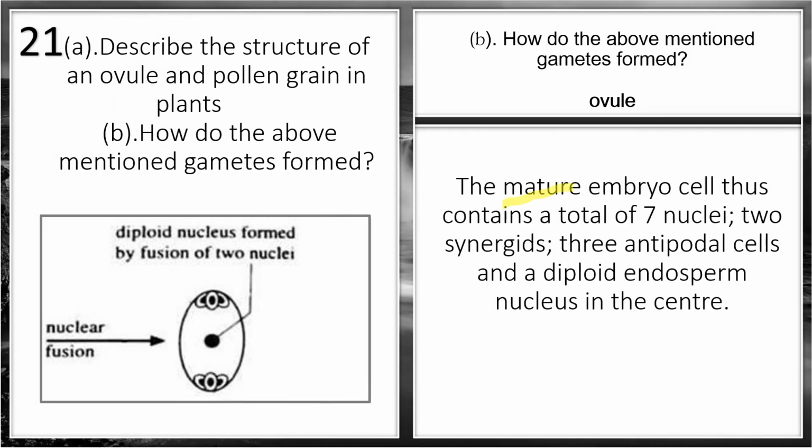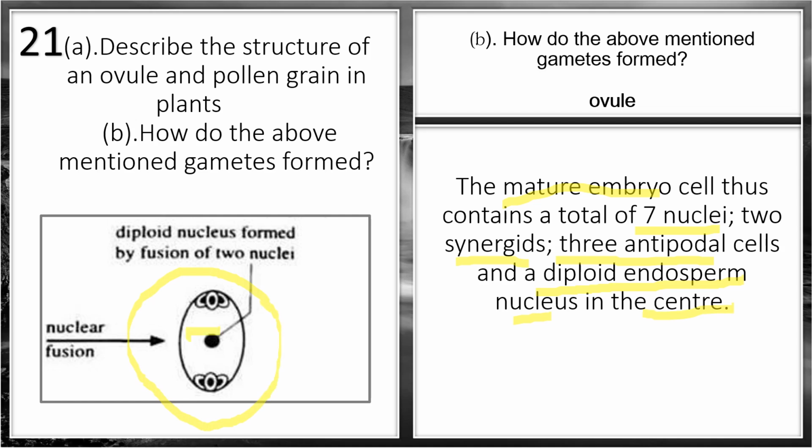The mature embryo sac thus contains 7 nuclei: 2 synergids, the egg cell, 3 antipodal cells, and a diploid endosperm nucleus in the center. So we have now here our mature embryo sac.